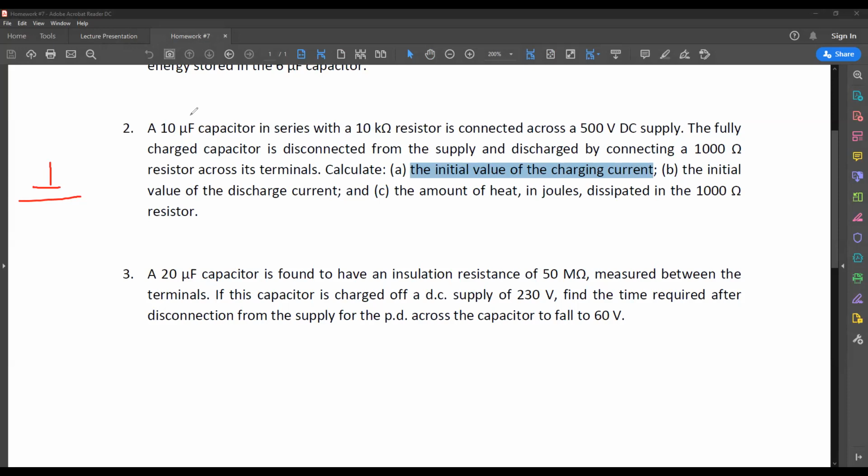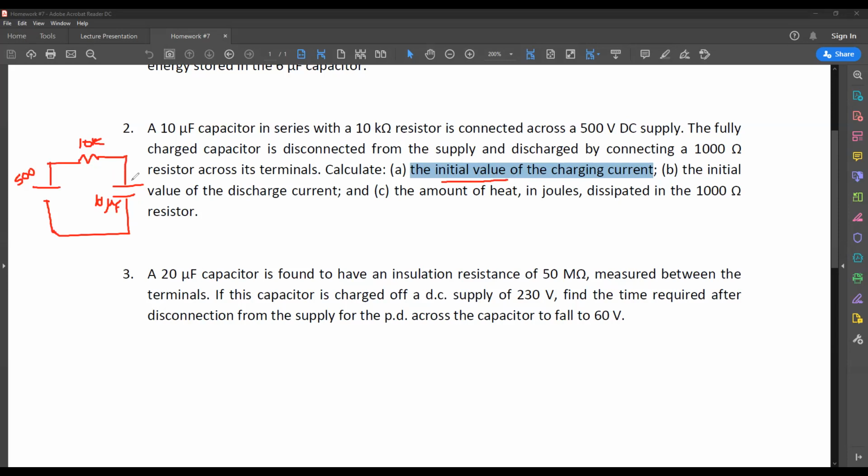You have the battery here, and you have a resistance, and you have the capacitance. This is 500 volts, this is 10K, and the capacitance here is 10 microfarads. It's initially uncharged. So he's asking you first for the initial value of the charging current.